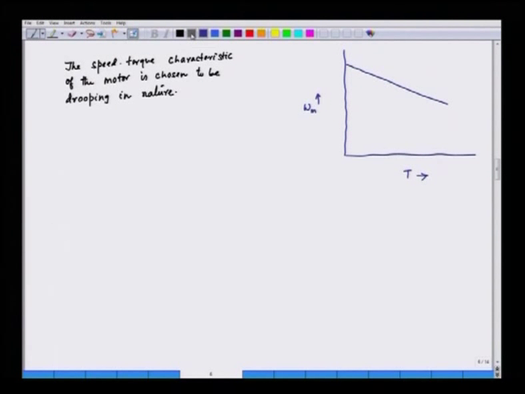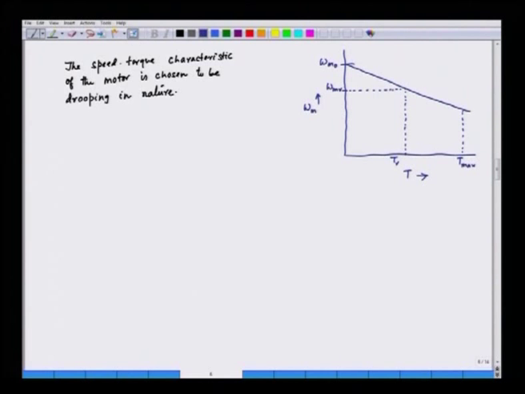Now, we define this as the no load speed, that is omega m naught, and this is our rated load T r, and let us say this is our maximum torque T max, and corresponding to the rated torque we have the rated speed, that is omega m r.